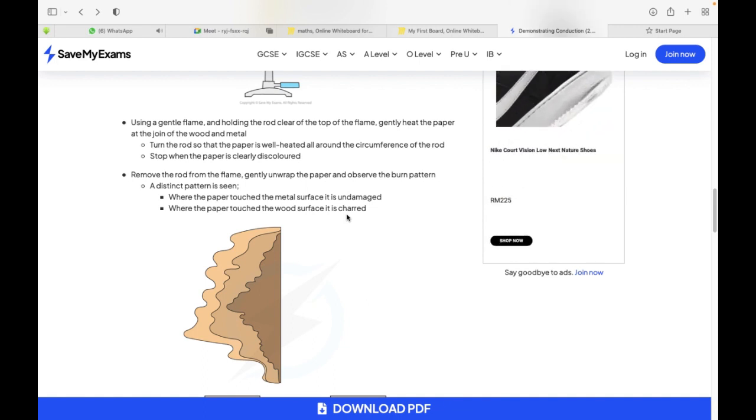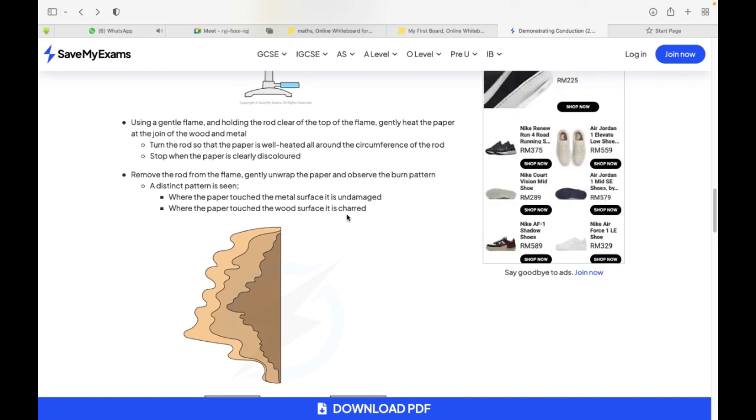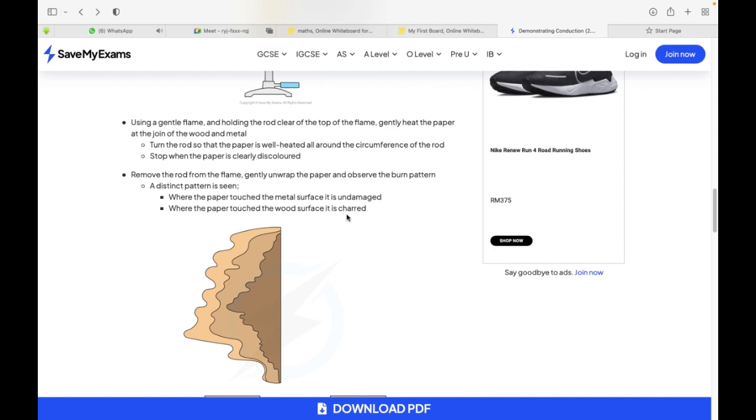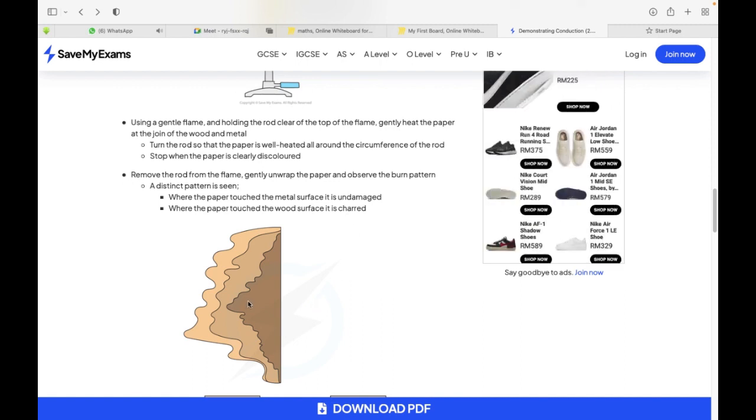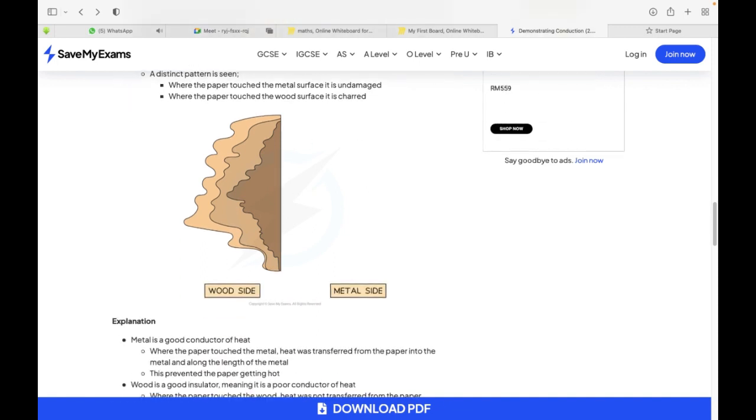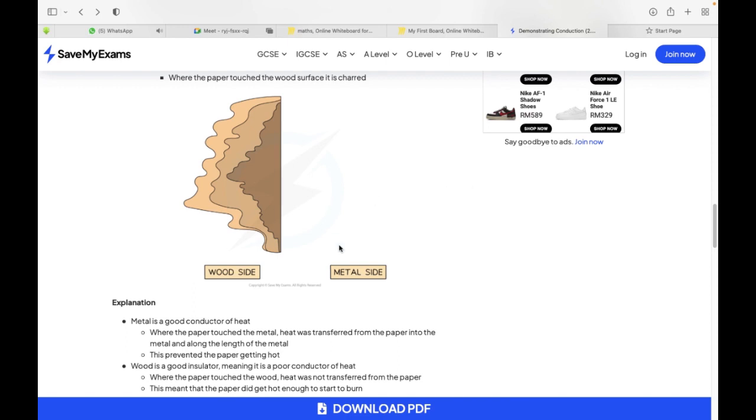Where the paper touched the wood surface, it is charred, a bit as if it's ruffled. See the wood side and the metal side.